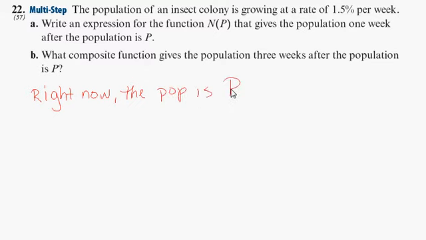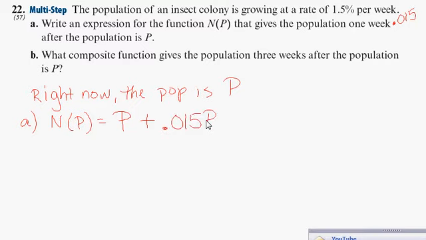So for letter A, if we want to know what the population is in 1 week, if it's growing at a rate of 1.5% per week, let's start with n of p equals, we know the population right now is p, plus it's going to grow at this rate, 1.5%, which is to say 0.015p. So that means that after the first week, and that's what we're looking at here, 1 week, right?